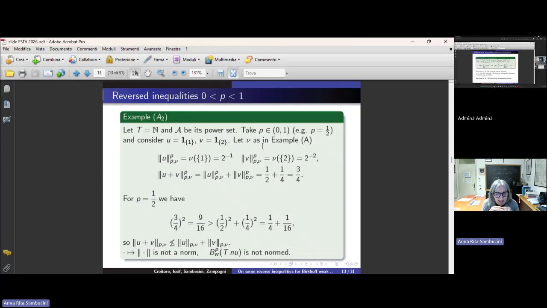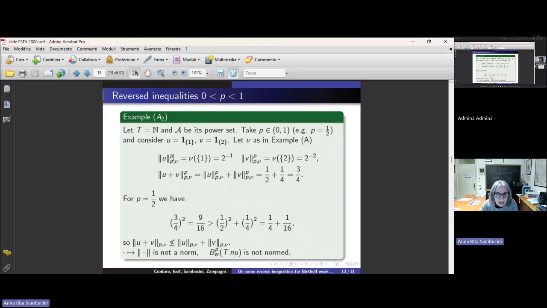Now, when p belongs to (0,1), this is no longer true in general. For example, if we consider the set function defined in example A, we show that the Minkowski inequality fails to be true. And so this functional is not a norm and the corresponding vector space is not normed.